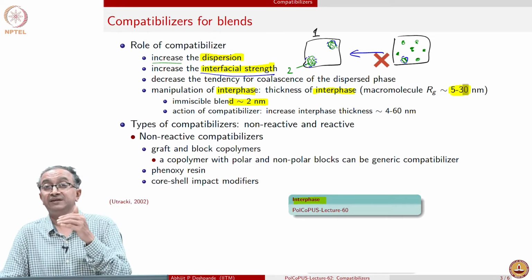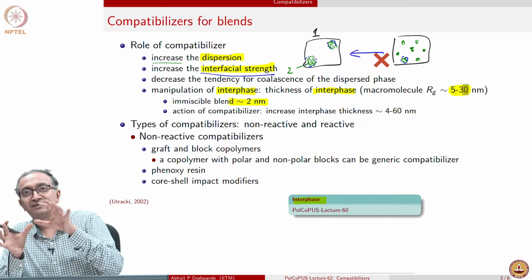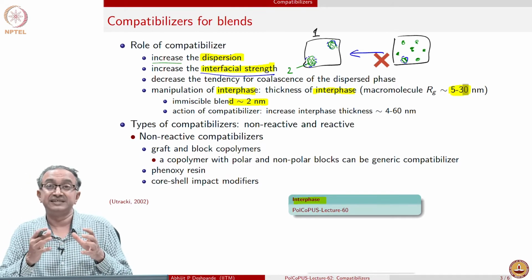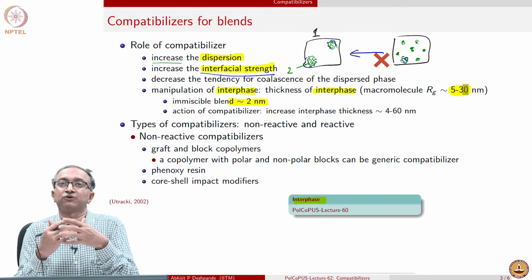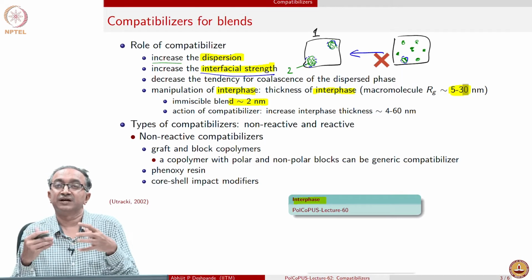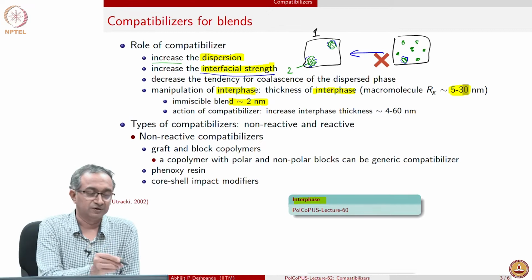So, if the interface is only 2 nanometers, it implies that there is a very stark boundary between the two macromolecules. But if the interface region is larger, it implies that the two macromolecules are interacting favorably with each other, so that there is a gradual transition between molecule 1 and molecule 2.